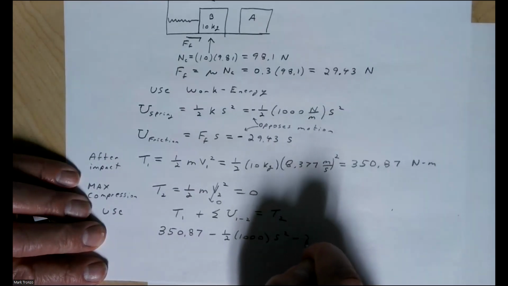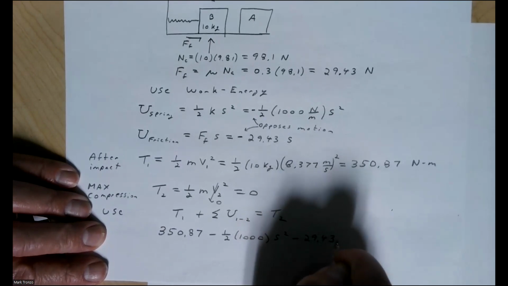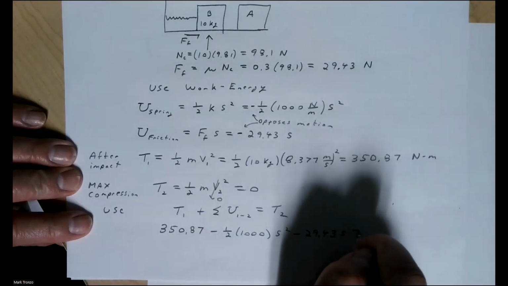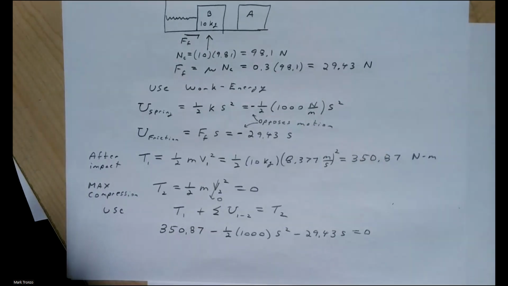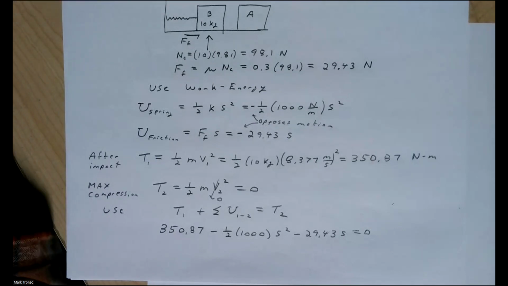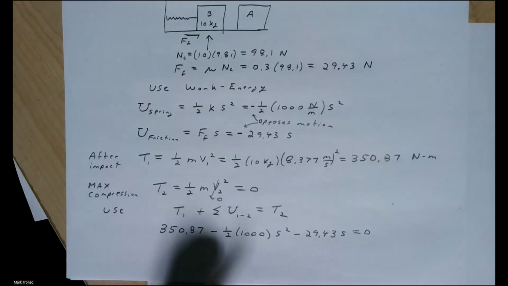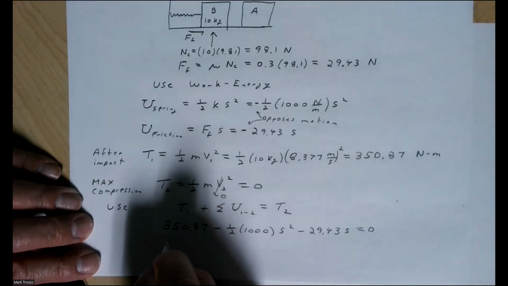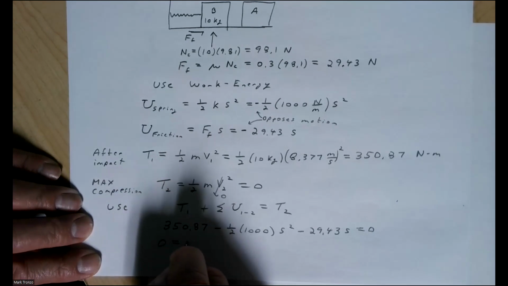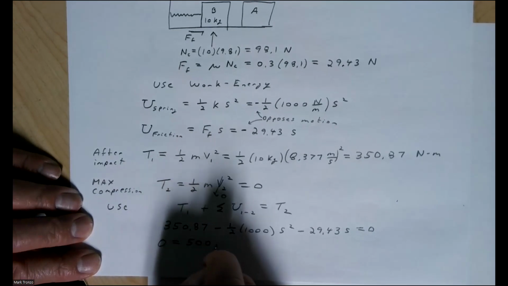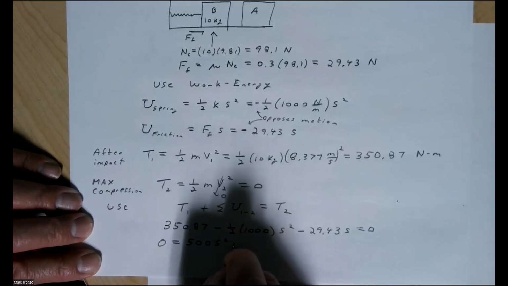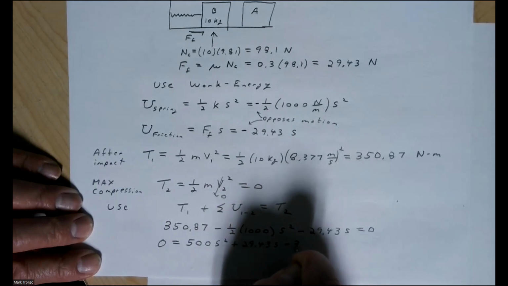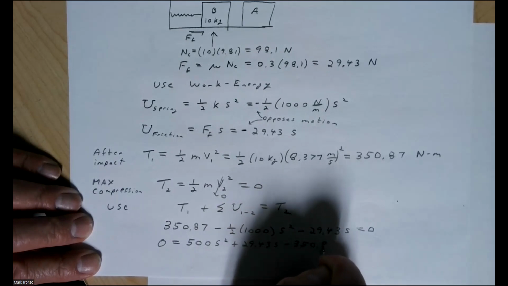Over here, it's negative 29.43 s, and T2 is 0. Let me multiply that. It's going to be 500. Let me move it all to the left. So this is going to be 500 s squared plus 29.43 s minus 350.87.